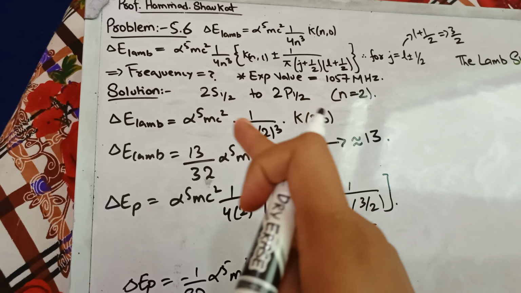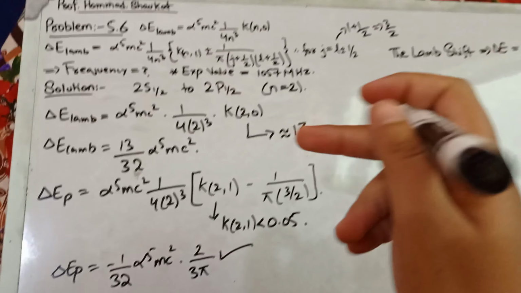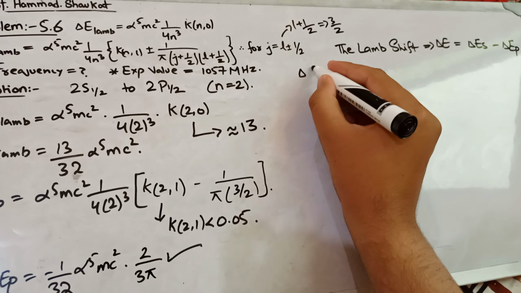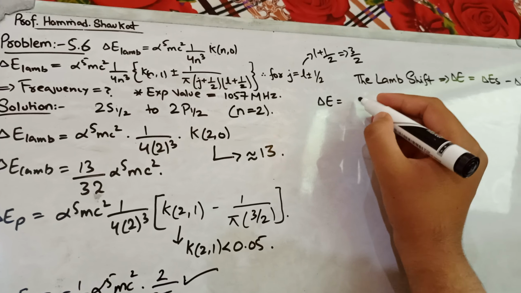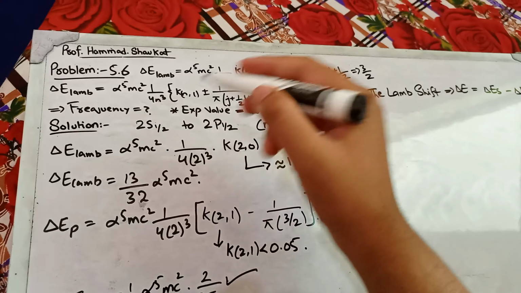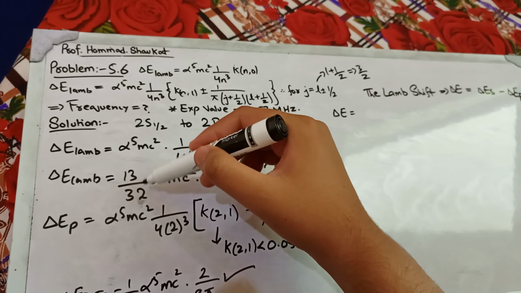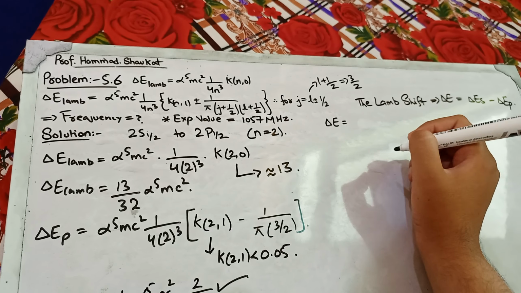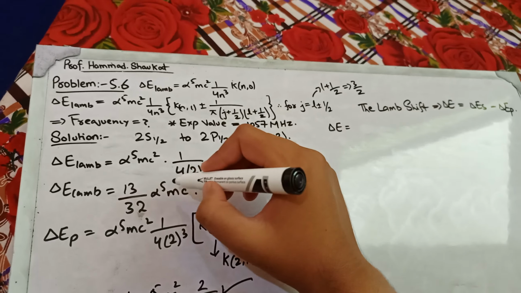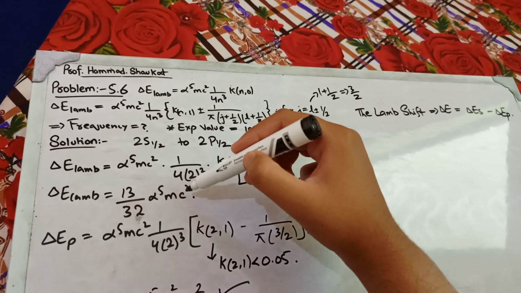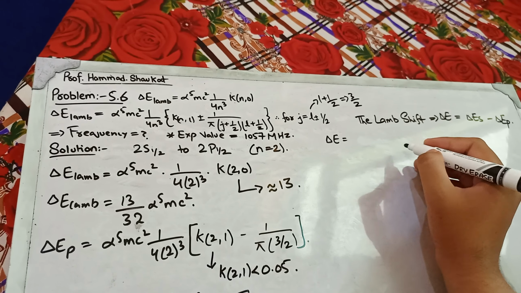This is for delta E_S and this is for delta E_P, and after putting the values you will get your Lamb shift delta E, which equals 1 by 32 common. So how can you substitute it? First take alpha^5 mc^2 common.